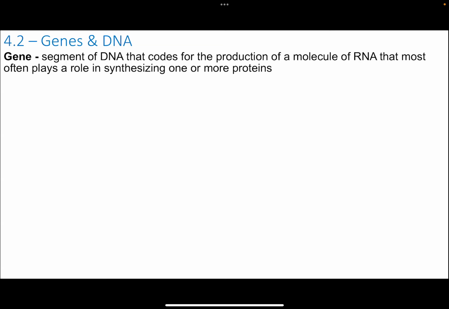So how do the genes, those specific sequences of DNA, how do they work? How do we code them to make proteins? Well, just to give you a background, genes are a segment of DNA sequences, those nitrogenous base sequences, that code for the production of RNA that will then encode for a protein.